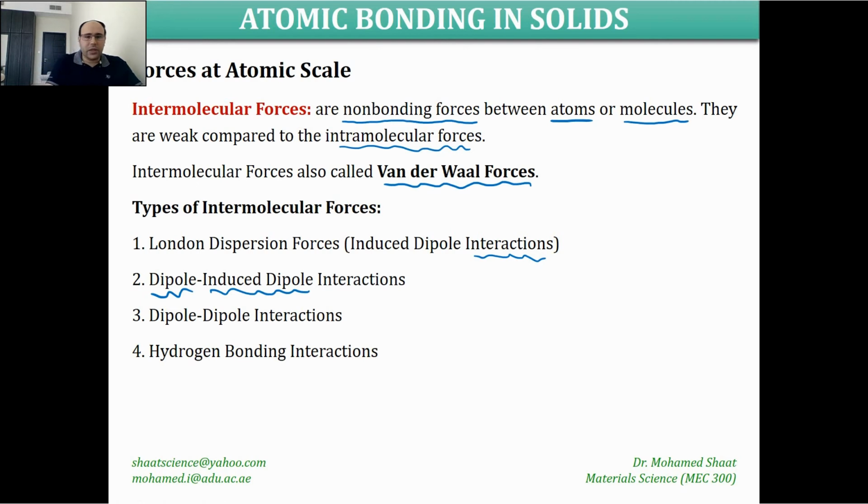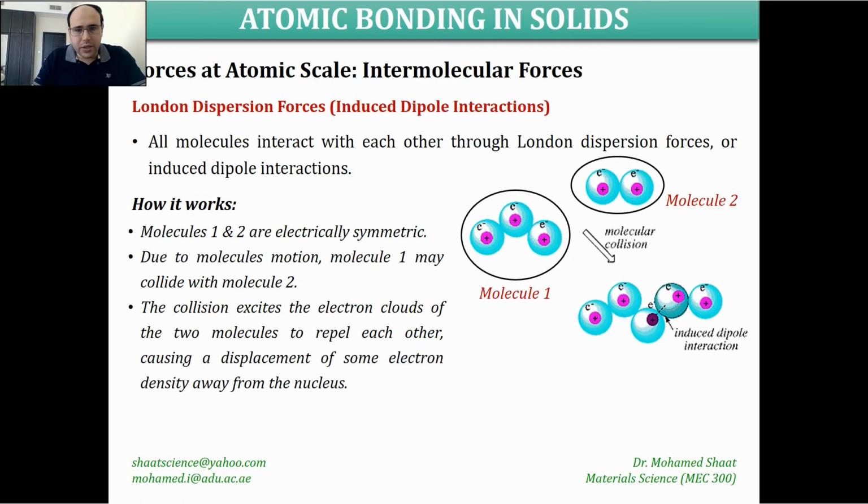So these are the different types of the intermolecular forces, and again, they are weaker than the intramolecular forces. That's why these forces are non-bonding, and they generate between any two objects, whether atoms, molecules, or an atom and a molecule. They exist between any two objects inside the material.